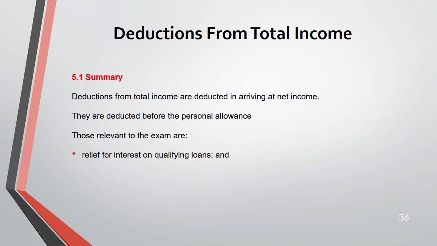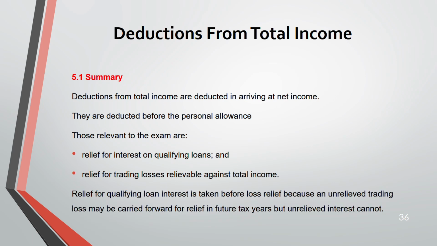And the ones which are relevant to your exam, that is relief for interest on qualifying loans and relief for trading loss against total income, you'll be given one of these in your exam, or you might be given both. So these are the two important things: interest on qualifying loan, and the trading losses. Relief for qualifying loan is taken before the loss relief also.